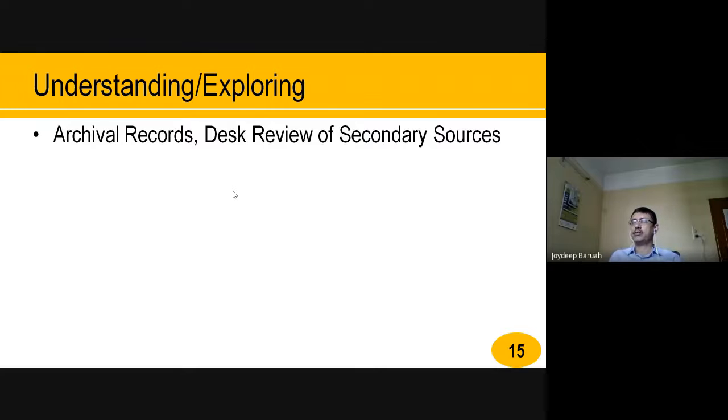When you apply secondary sources for your study, you need to take care of certain issues. One issue is that you need to understand the context of the study by which these data were already generated, and the underlying process of generating those data. For instance, look at the recent National Family Health Survey data.